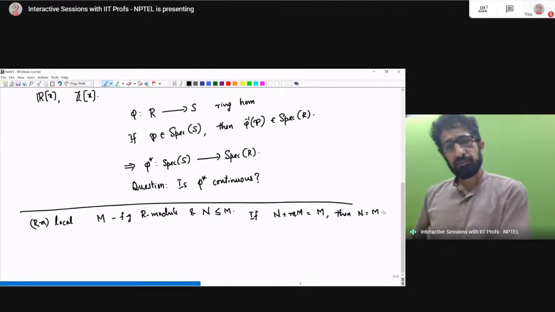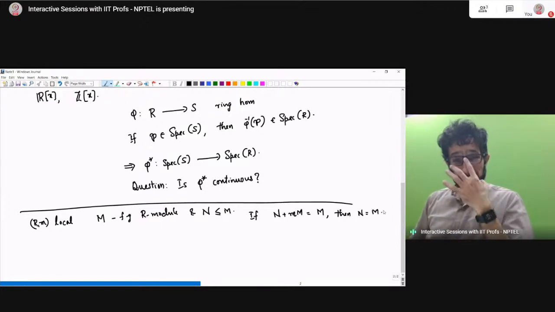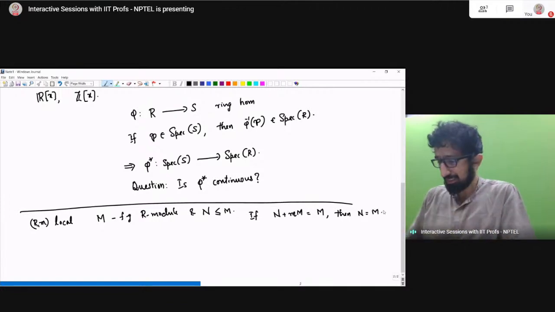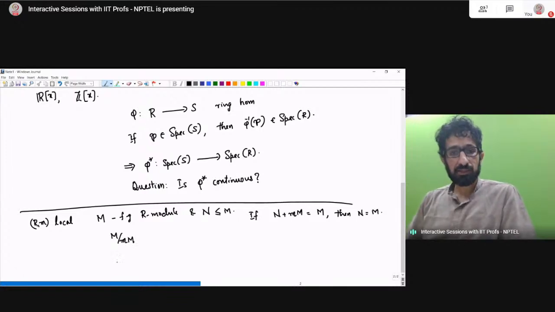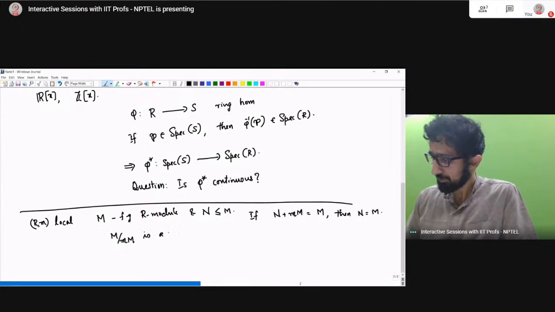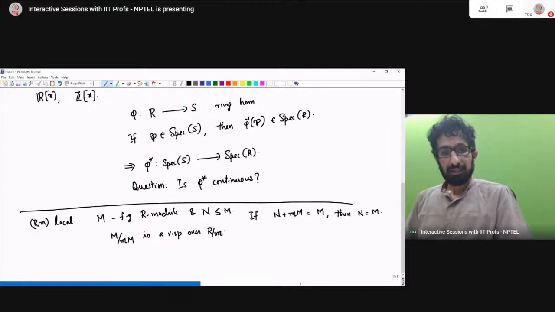So the significance of this is, the first one I think you have seen in the class itself, that look at this M mod mM. This is a vector space over R mod m, over R mod m, right?